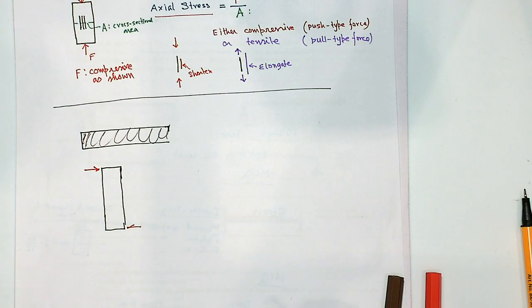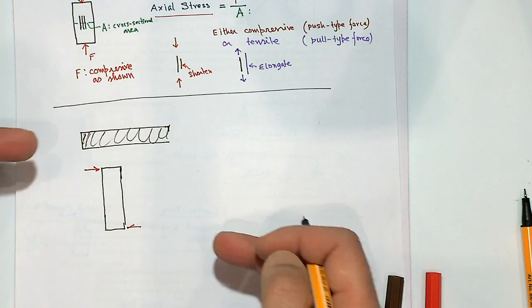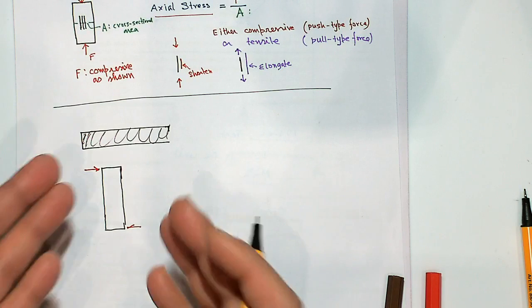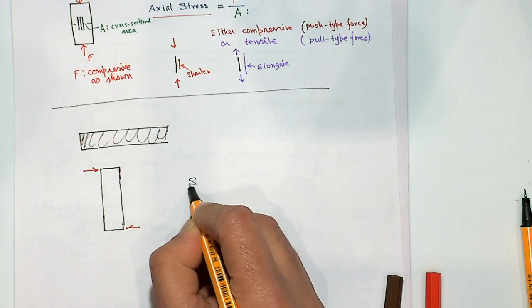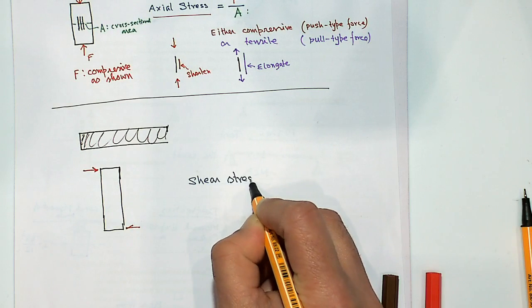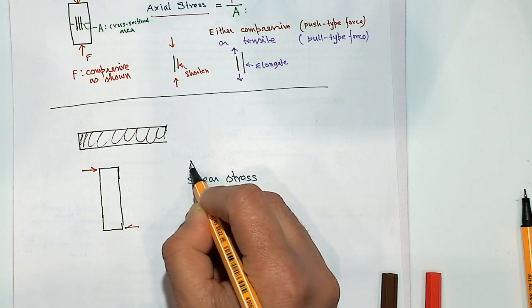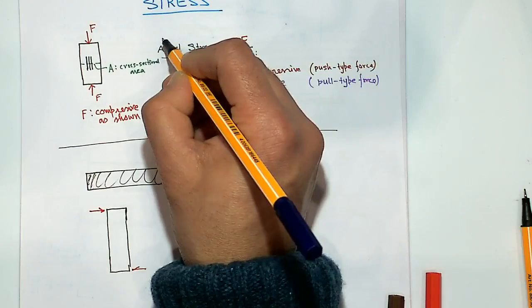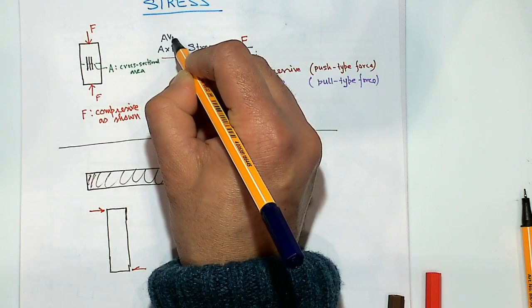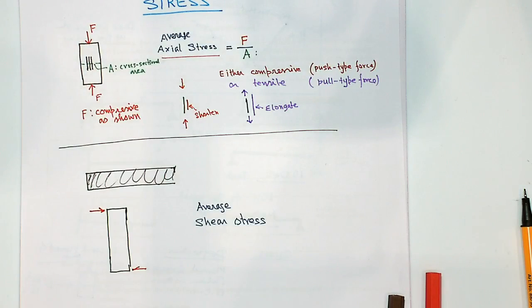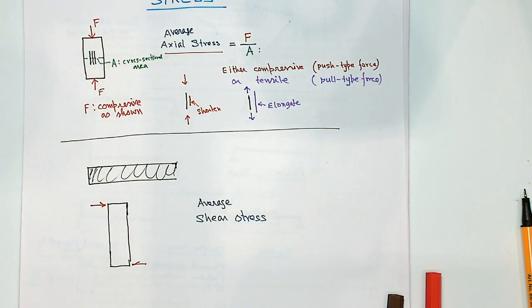If you consider this effect, of course it will create bending as well, but besides bending, this will create shear stress. Again, I should use the term average because this will vary over the cross-sectional area.